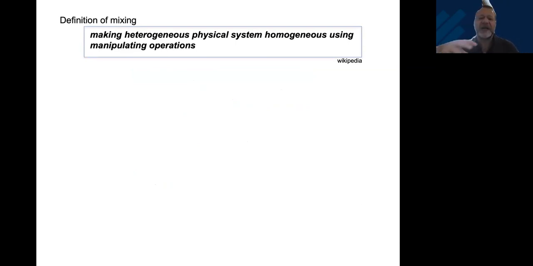So we're starting out with something that is heterogeneous in its composition, and then we want to somehow bring it into a more homogeneous state by manipulating operations. We're going to be a little bit more specific about that as we go along, but this is a pretty good definition for the layman.